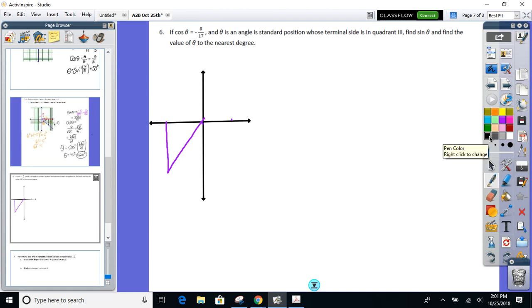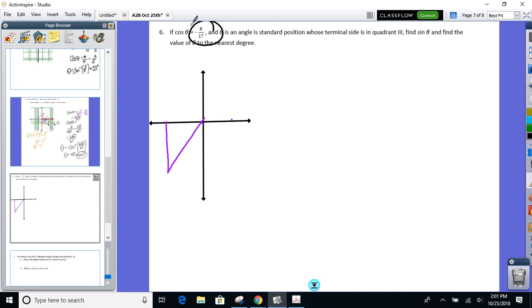Okay, all right, here we go. Next problem we run into, now that we know how to draw the triangle, is how about some side lengths? Because you guys would just usually pick off the coordinate and go, that's my x, there's my y, I got two of them. Is there any way I can use that -8/17? What's the 8 represent since it's cosine?